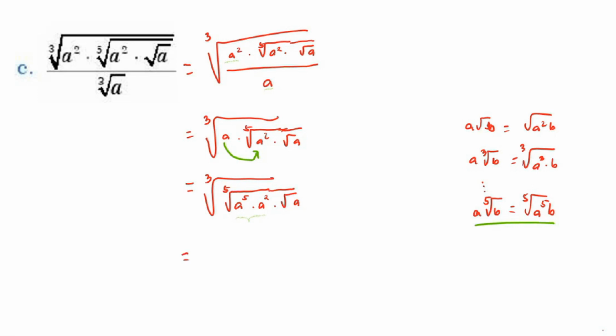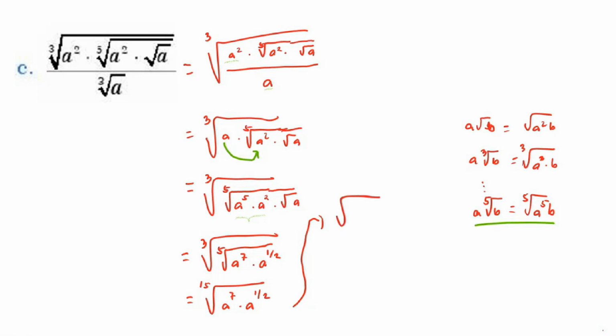So I can write now the cube root of the fifth root of a raised to 7 times the square root of a, which can be written as a raised to 1 half. Now, applying one of the properties, we can multiply the indices between 3 and 5. So I can write now the 15th root of a raised to 7 times a raised to 1 half. Now, I'm going to simplify the radicand. So we can write it here.